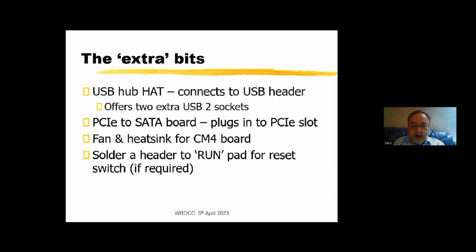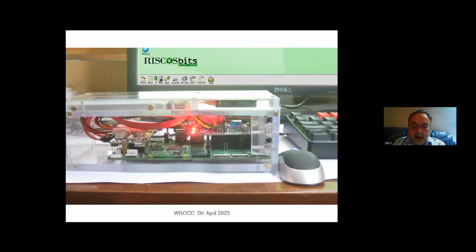There's a PCI Express to SATA board that plugs into the PCI Express slot to provide you with 4 sockets for SATA connected drives. And it's a good idea to add a fan and heatsink for the Compute Module 4 board. I've soldered a header to the run pad so I can put a reset switch on, but that's not necessary. So that's a bit more.